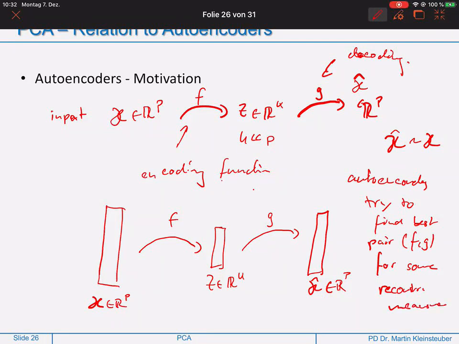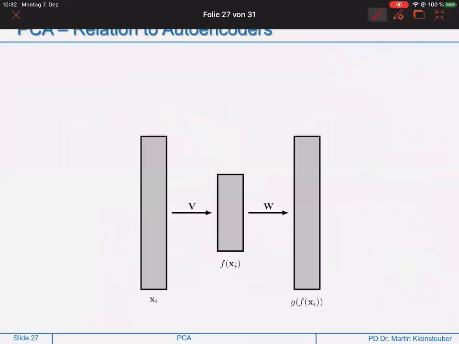And again, we arrive at our loss function. So the concatenation, F applied to Xi and then applying G again, should be approximately the same as our input Xi. That's the idea. Okay, good. This is the picture again.